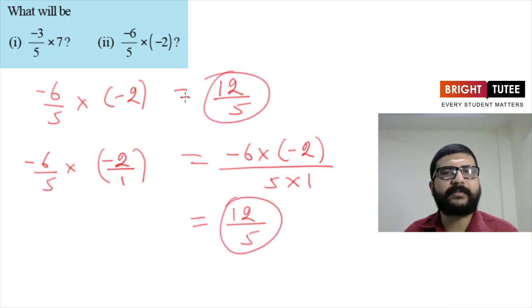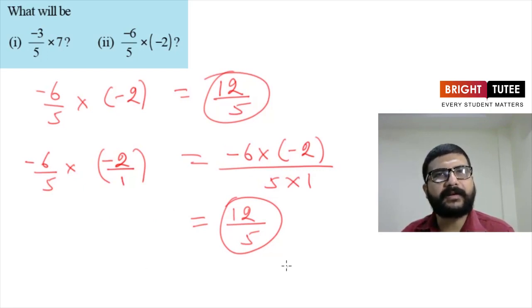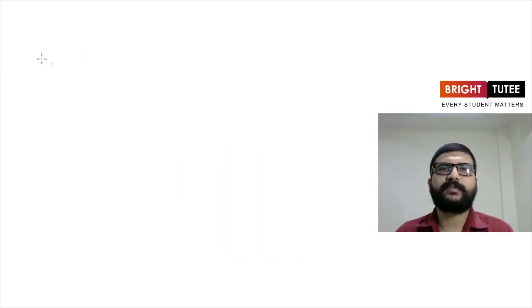So we are getting the same answer from here as well. So while multiplying two rational numbers, we have to multiply numerator with numerator and denominator with denominator. We have just seen that for multiplying two rational numbers, we have to multiply their numerators and we have to multiply their denominators.